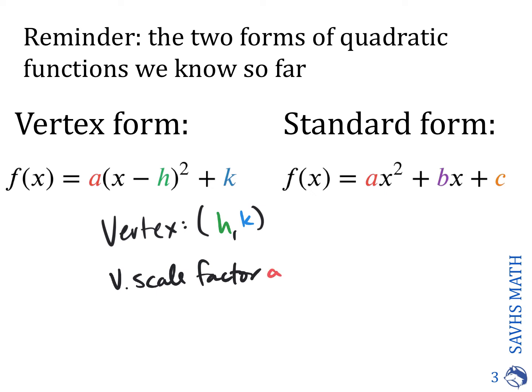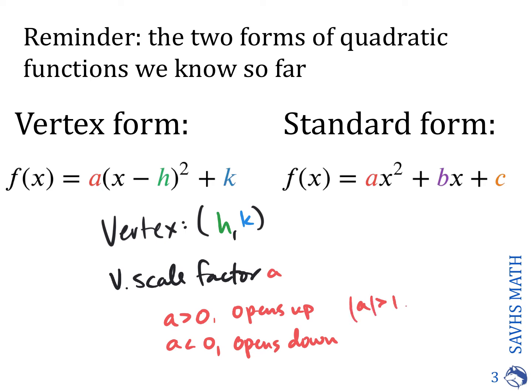And we know that if a is positive, it opens up. If a is negative, it opens down. If the absolute value of a is greater than 1, we have a stretch. And then if we have a between 0 and 1, then we have a compression.